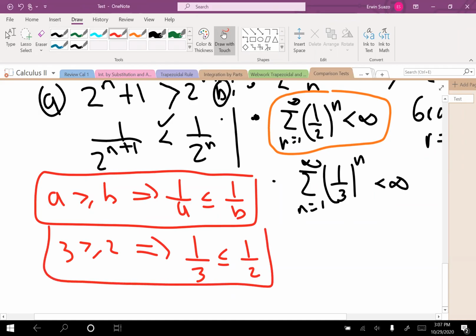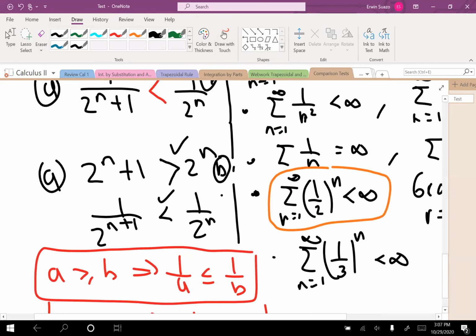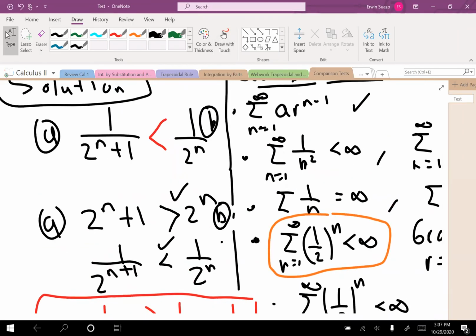So that's the good thing of these inequalities. If you don't remember, just plug in a number. Plug in 2 numbers, and then you will see what is true. Anyway, so from here, I got that this guy is less than this guy. So what do I know about this guy? Is the sum of B convergent or divergent?